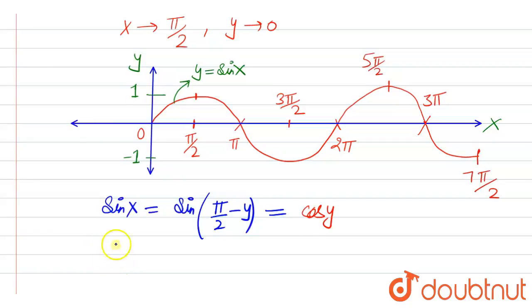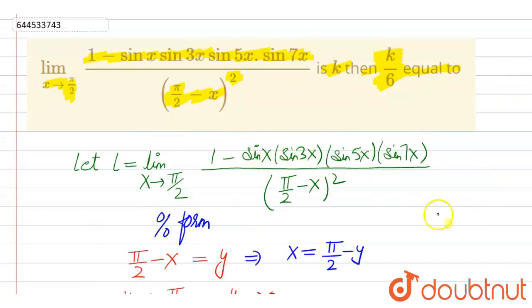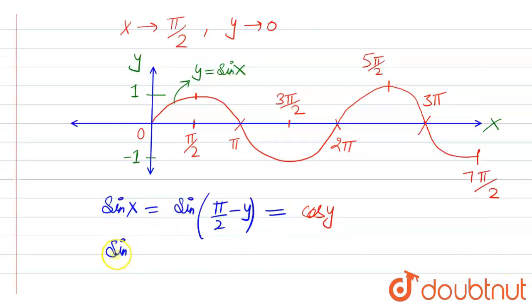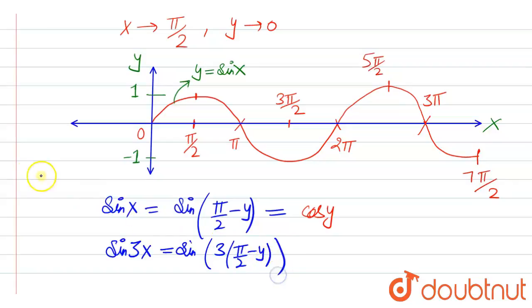Similarly, we have sine 3x, so sine 3x would be sine of 3 times pi by 2 minus y. Okay, we are putting here x equal to pi by 2 minus y.